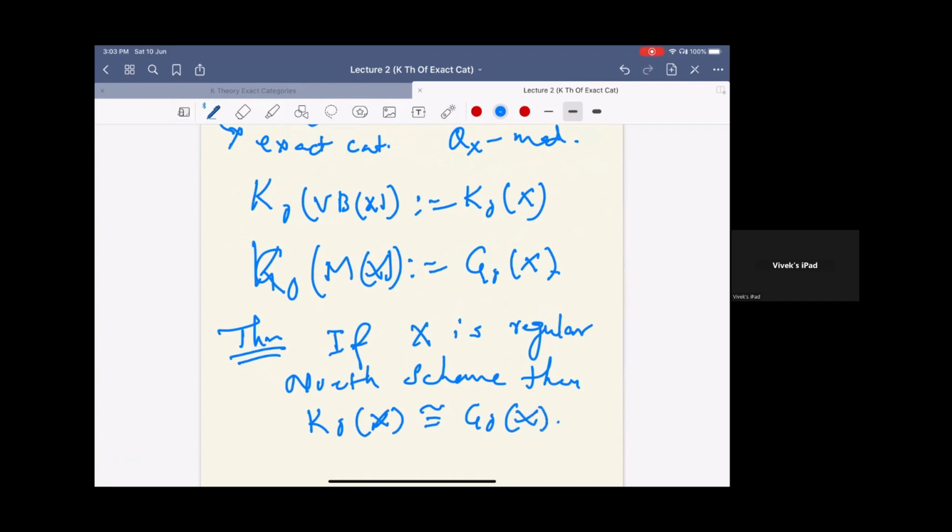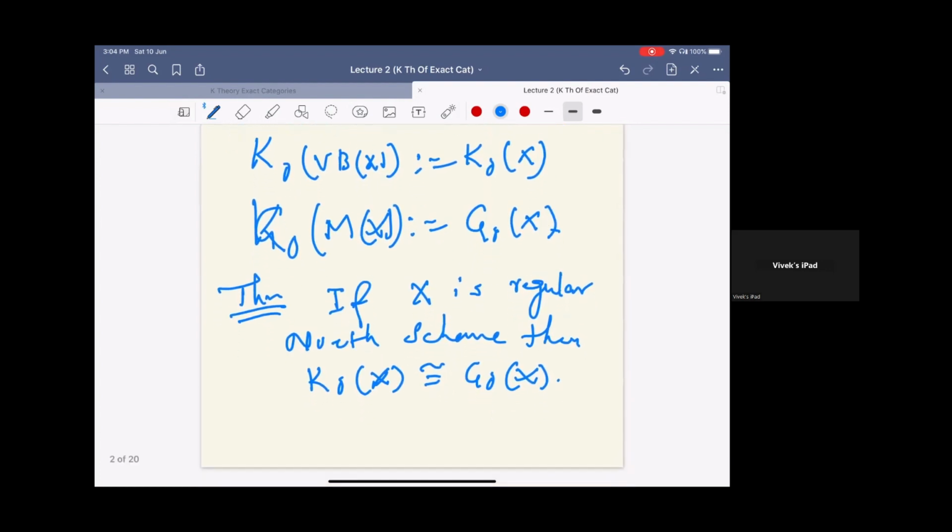That is the theorem we proved last time, and we proved a categorical version, but as a consequence of our theorem is just this corollary. If X is a regular Noetherian scheme, then the Grothendieck group K0 of X and G-theory G0 of X coincide. Okay. So now we'll see the higher K-theory analog following this theorem.